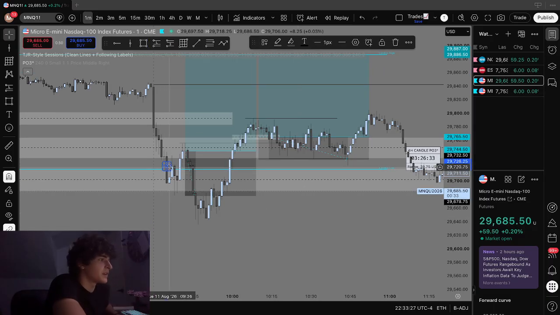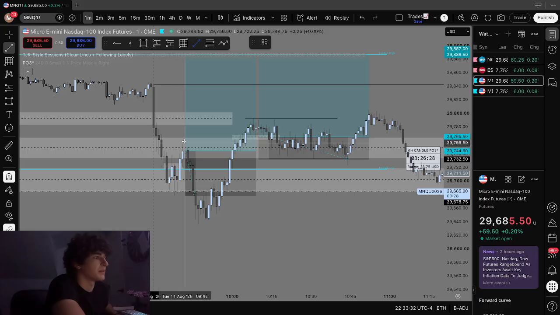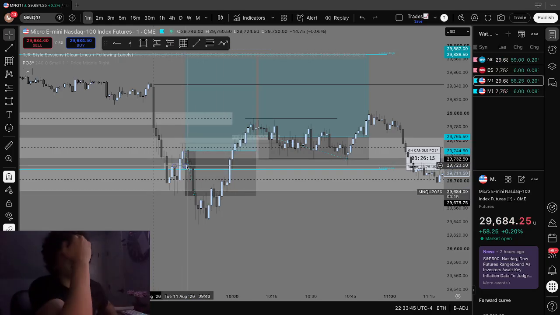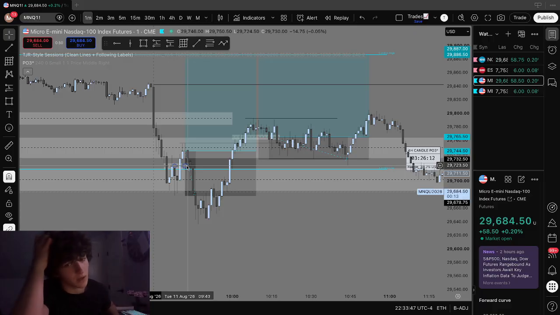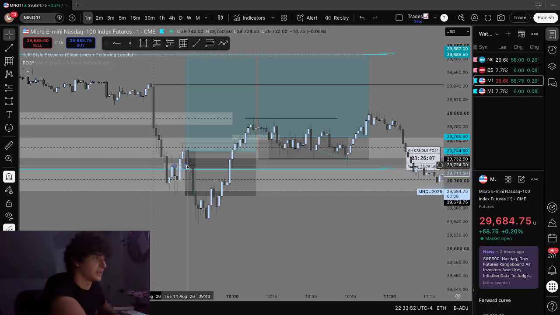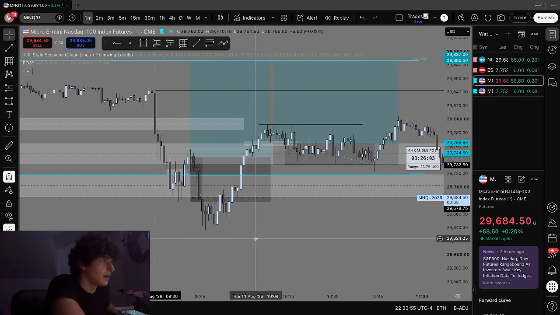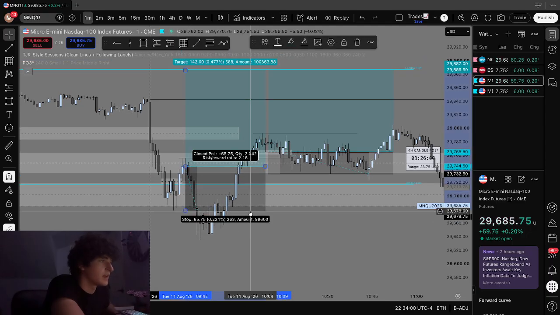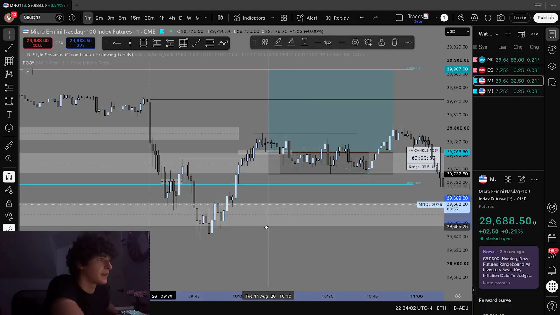We get an inverse right when 4 candles happens, and then we get a CISD. The entry should have been at the CISD, but I hesitated and didn't enter because I was just scared. Then I entered later on this candle, and then price immediately goes down.